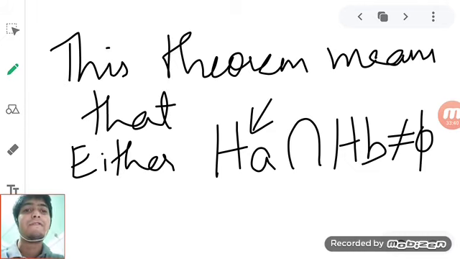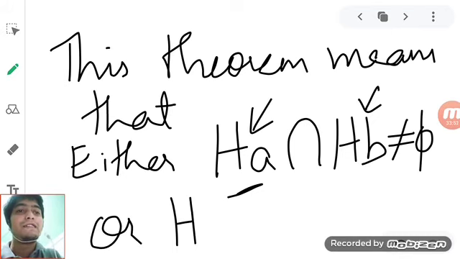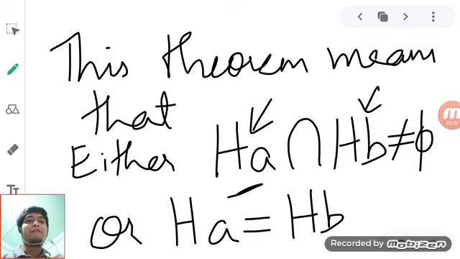We have learned that a coset is in fact a set, so you can intersect two cosets. The intersection is either empty or Ha equals Hb. So this is also very important: either Ha intersection Hb is empty, or Ha equals Hb.